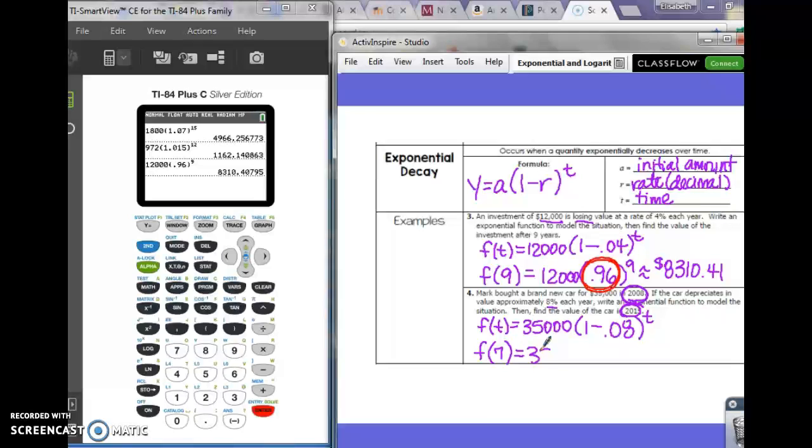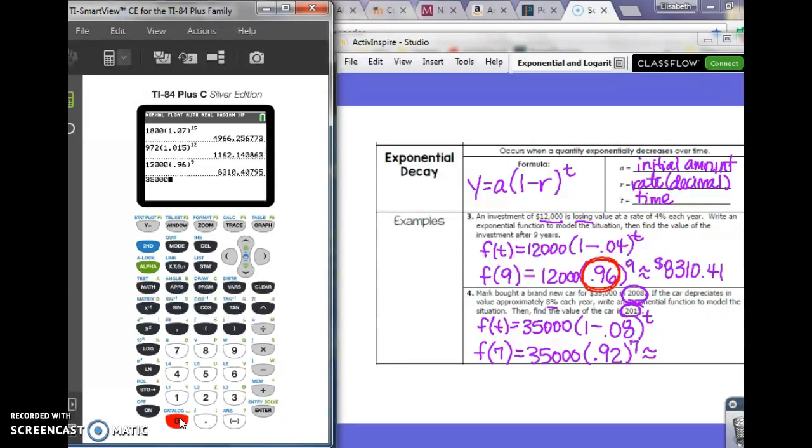So it's going to be 35,000 times 0.92 to the 7th power. Again, that car is losing 8% of its value each year, so it's holding on to 92% of its value each year.